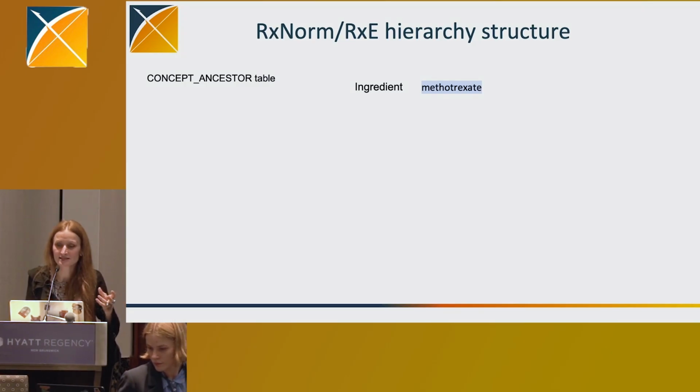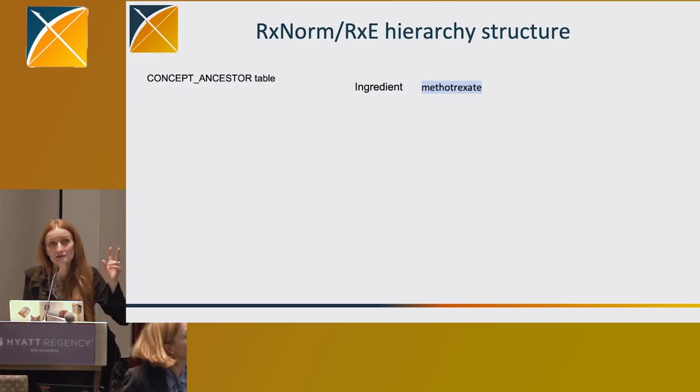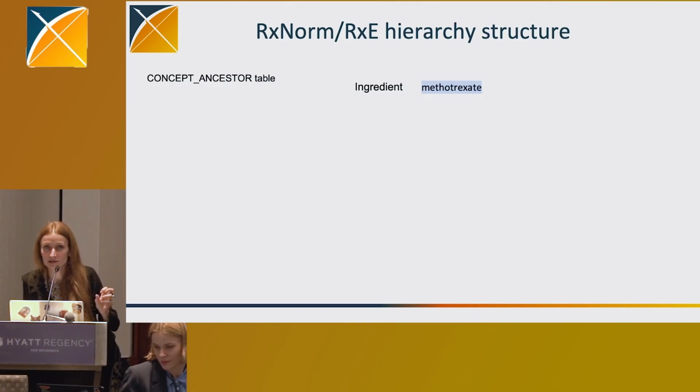Maybe you remember that Anna said that we are not going to deep dive into the table structure, but here we need to do this a bit, because the concept ancestor table contains information about hierarchical relationships between concepts. There are fields like ancestor concept ID for parents, descendant concept ID for children, and also min and max levels of separation. It's a distance between these relatives, like mother and daughter, or grandmother and grandchild, and further.